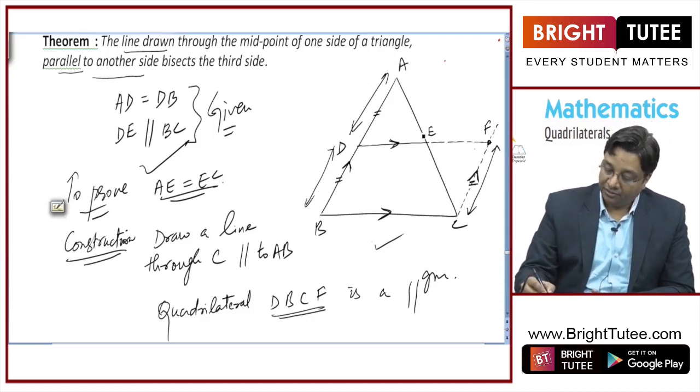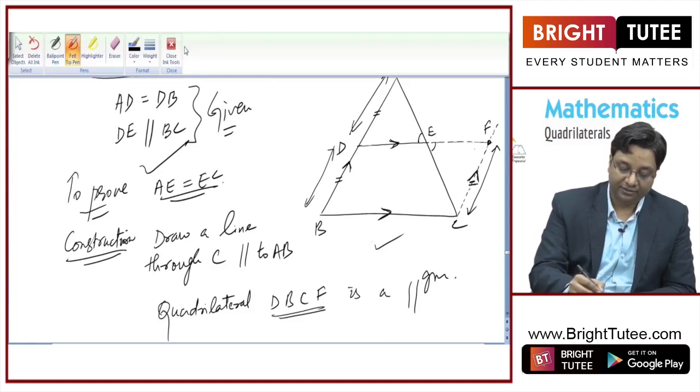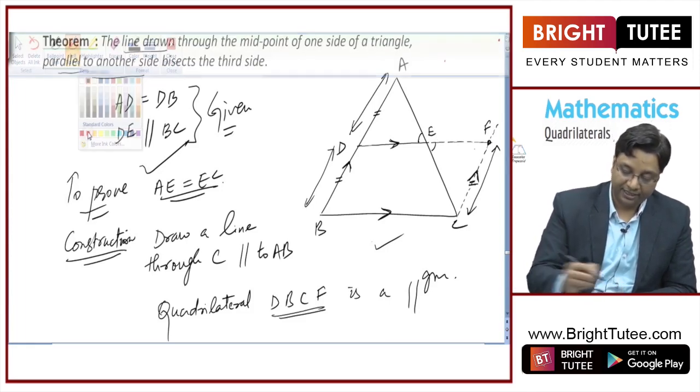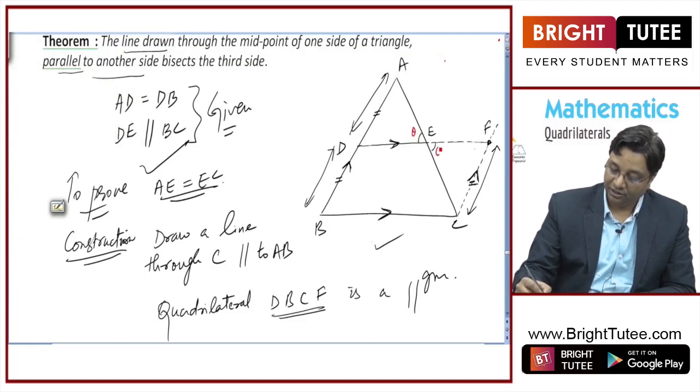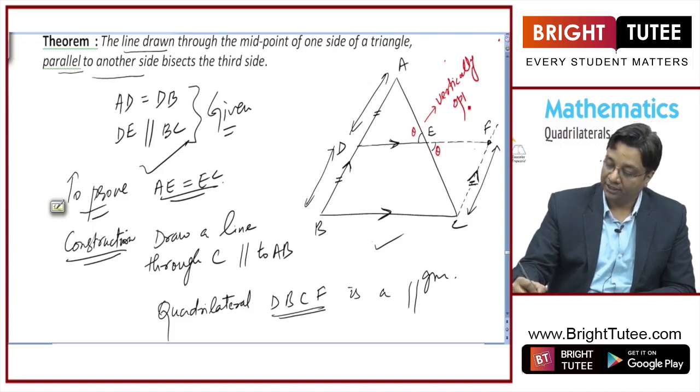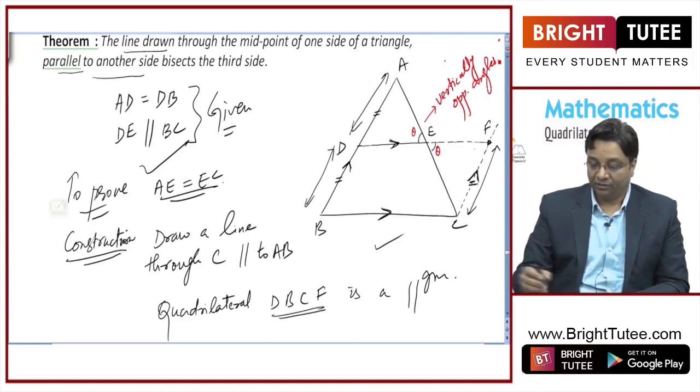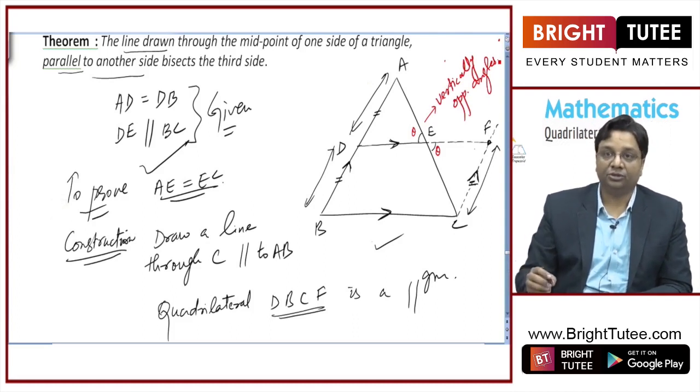Okay, and now this angle is equal to this angle. Let me take this angle as theta. So this will also be theta. These are vertically opposite angles, right? Now this is a parallelogram, I have already shown you.